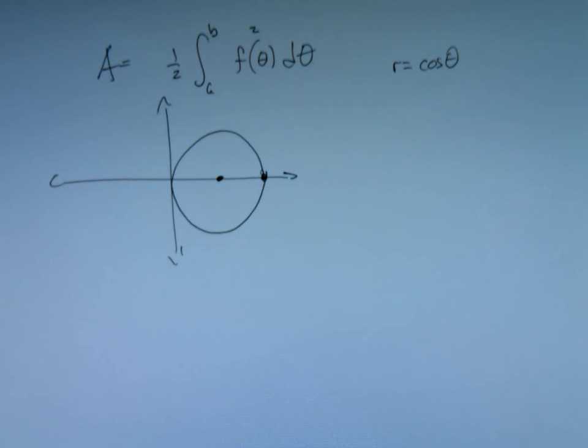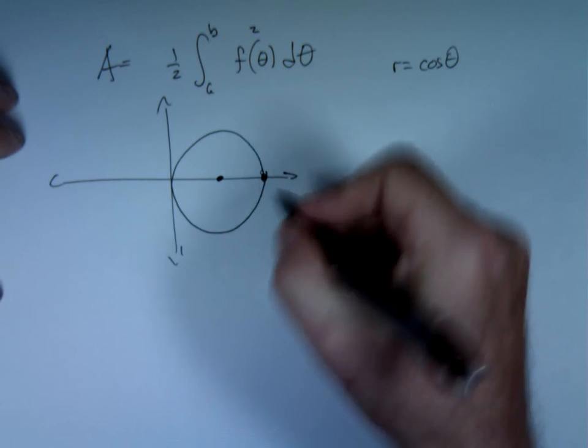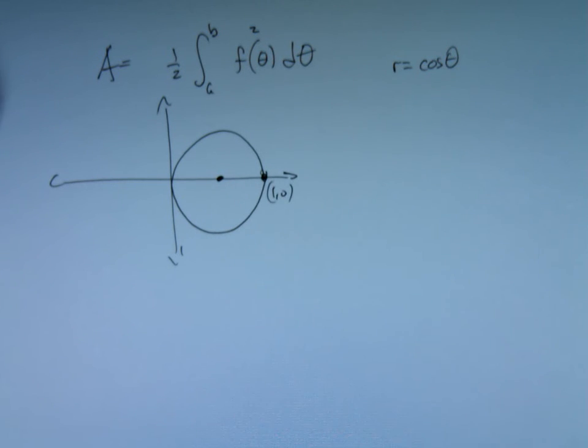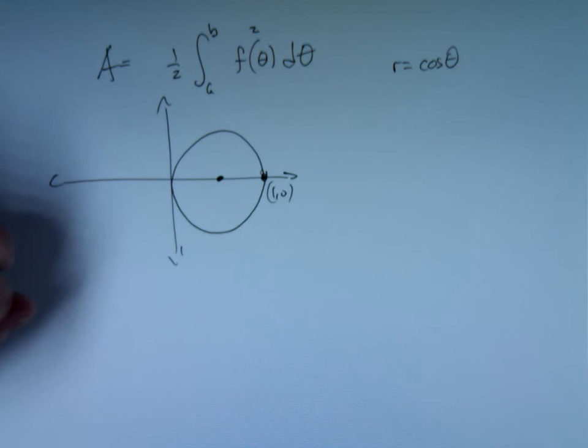The radius of this circle is what? One. No, 1/2. Thank you. The area of this circle is going to be pi r squared. r is 1/2, so it's going to be pi over 4.